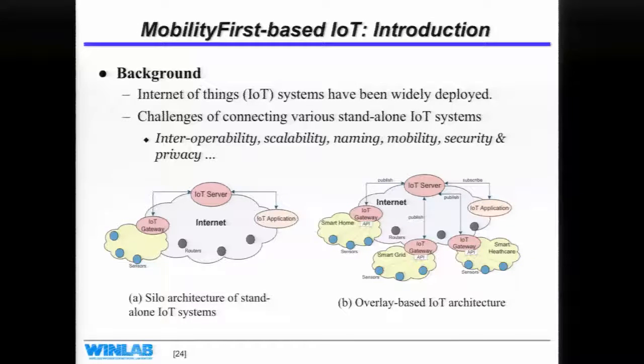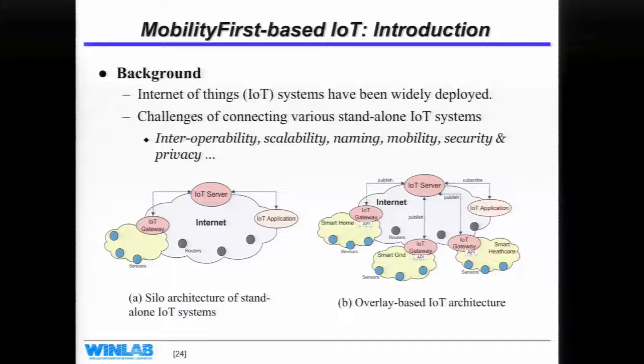A lot of legacy IoT systems are proprietary implementations, and it is very difficult to connect them and make them work together to provide seamless services to data consumers. This silo feature conflicts with the open spirit of the Internet and brings a lot of problems of interoperability and scalability. Therefore, people have proposed an overlay approach.